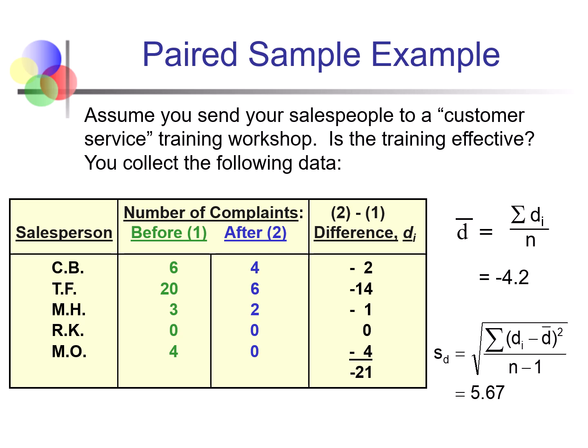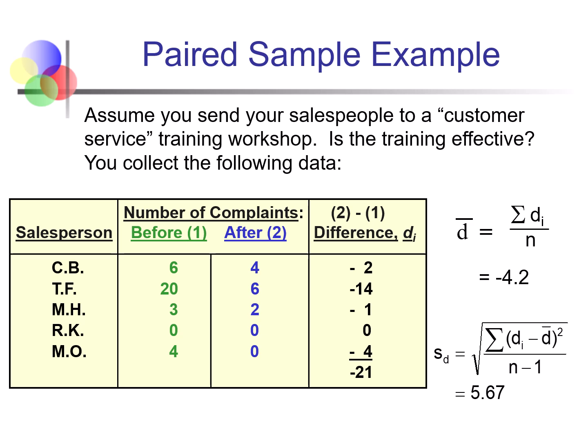After training, the number of complaints are recorded again, and it looks like the number of complaints decreased for almost all of the salespersons. Next, we will subtract the number of complaints before the training from the number after the training.